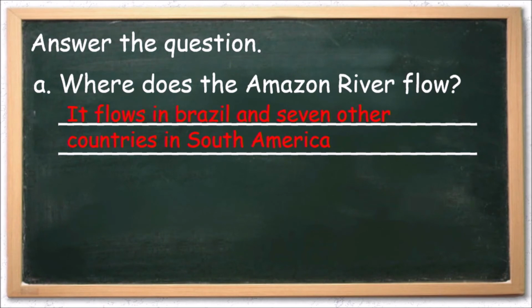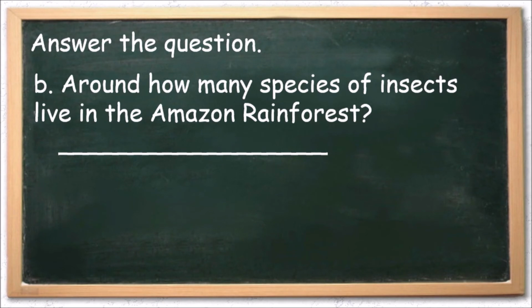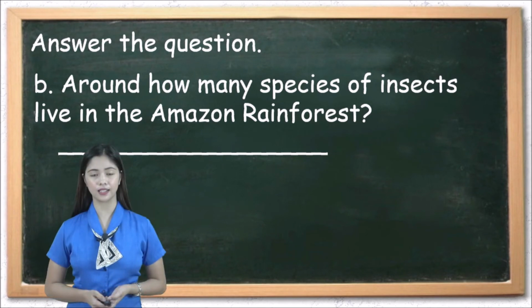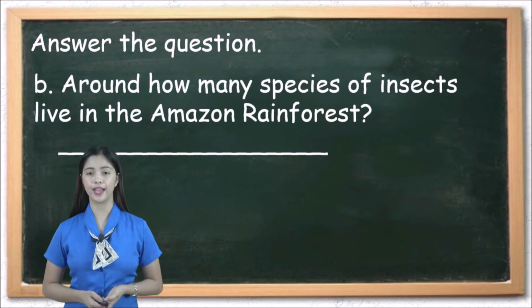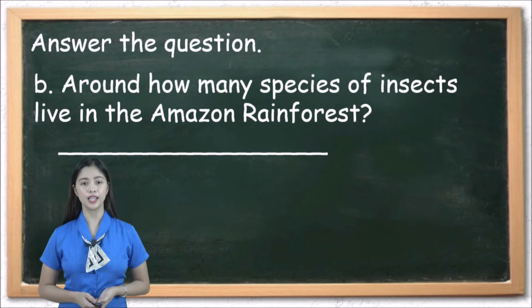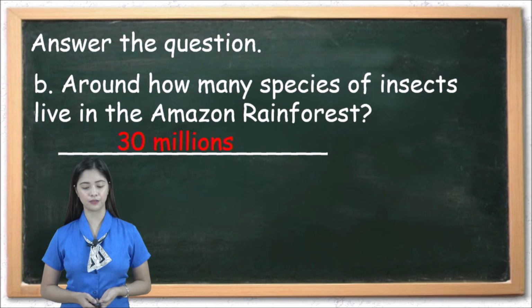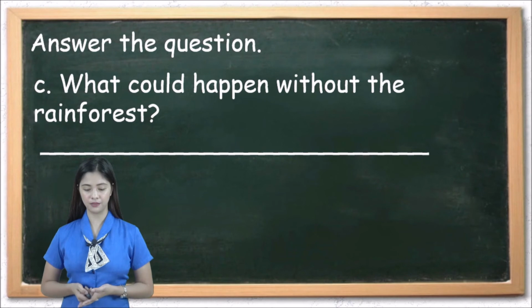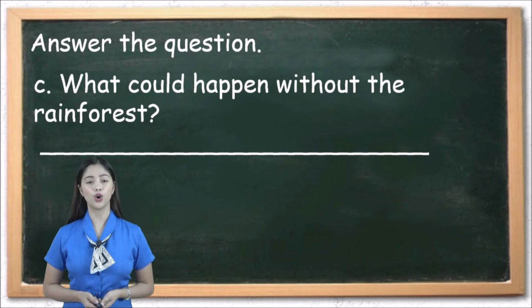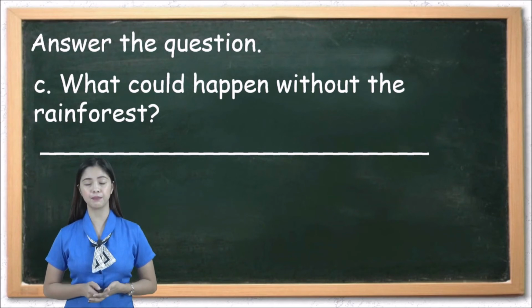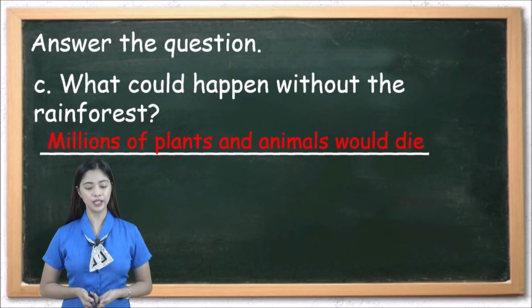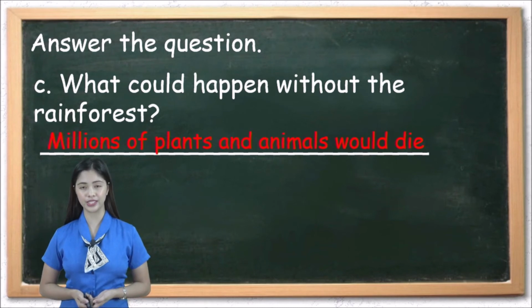Let's proceed to letter B. Around how many species of insects live in the Amazon rainforest? There are 30 million species of insects, okay? Next, letter C. What could happen without the rainforest? If we keep destroying the rainforest, millions of plants and animals would die.